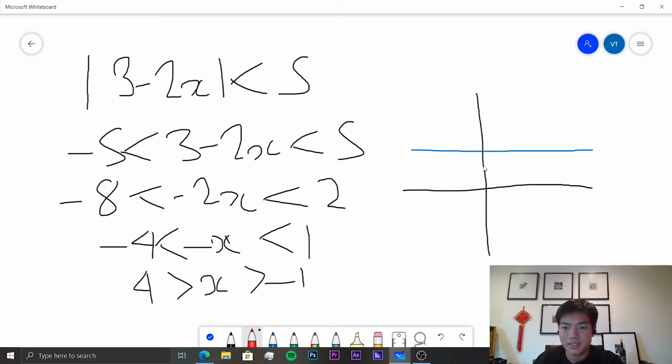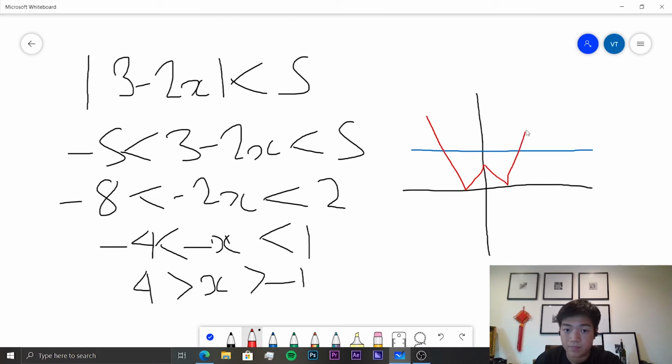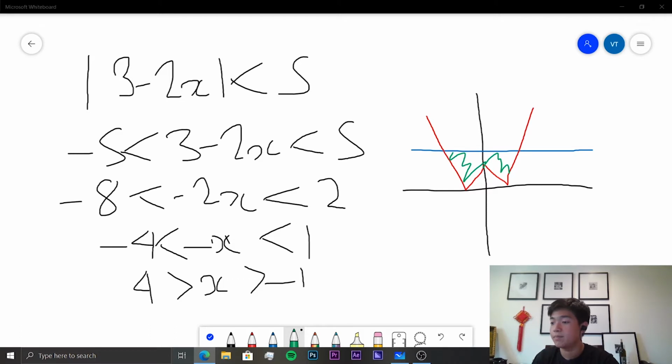So the absolute value of 3 minus 2x would look like this. Sort of. Yeah, so it will look like this, and so we're just getting this green region inside of here. So yeah, that seems good. So let's move on to the next one.